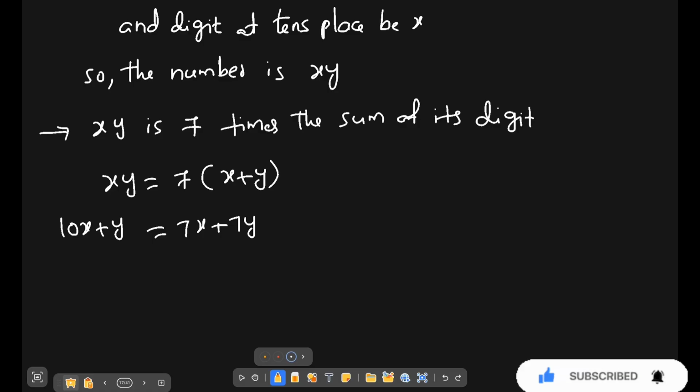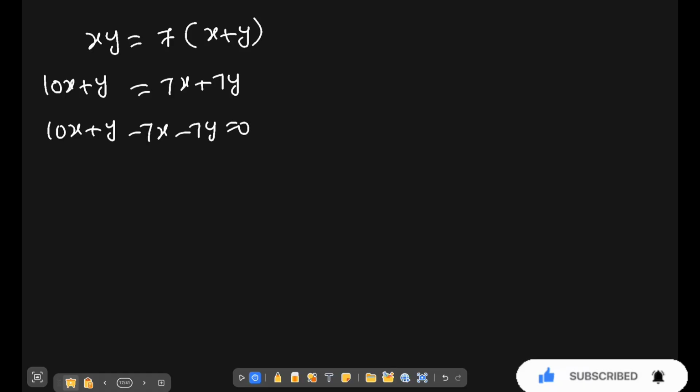So bring 7x and 7y to the left side, it becomes 10x plus y minus 7x minus 7y equals 0. So 10x minus 7x is 3x.